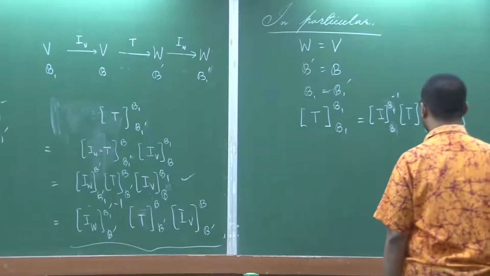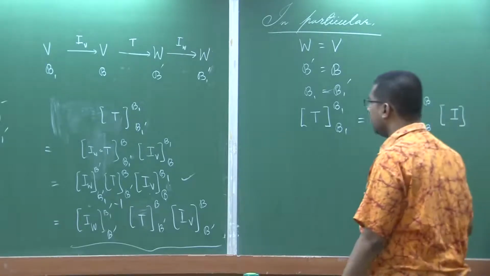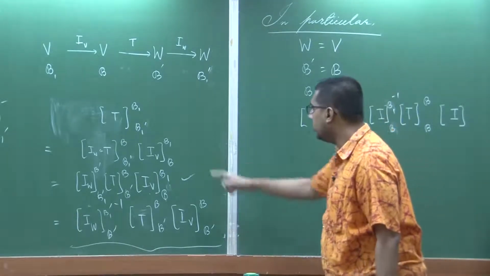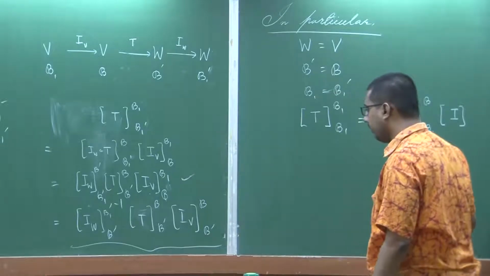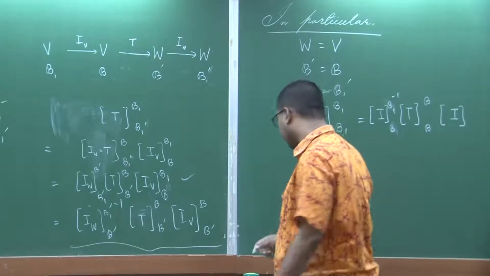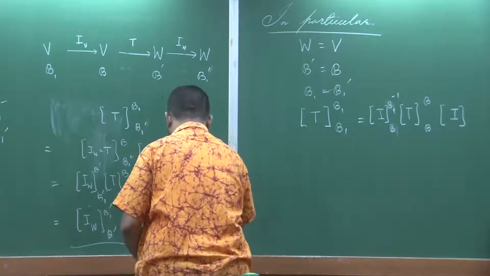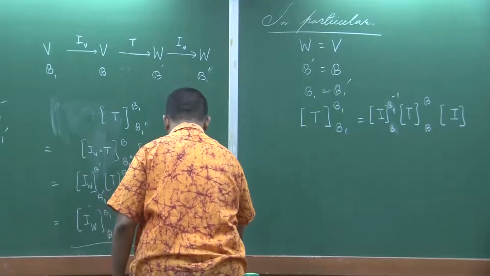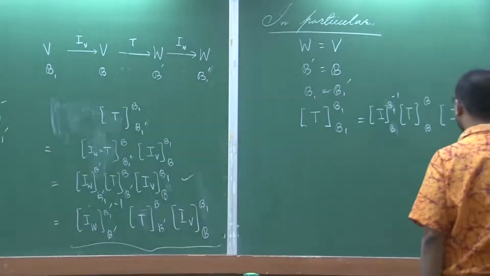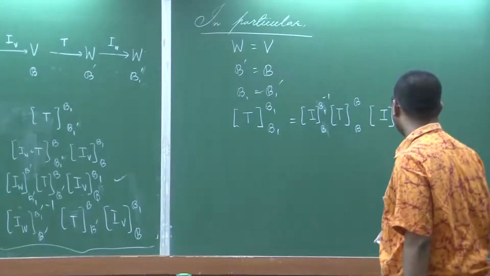So, therefore, in this case B prime equal to B and B1 equal to B1 prime. So, B1 therefore, identity, just a minute, I think I made a mistake here. So, T B B prime, yeah. So, it will be just B1 B, yeah, now it is fine, B1 B. So, this is B1 B, okay.